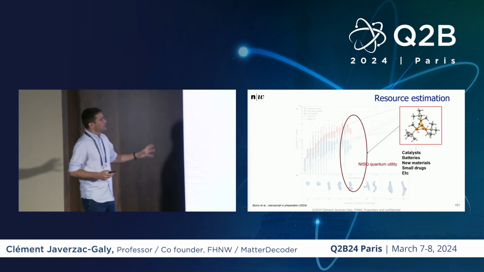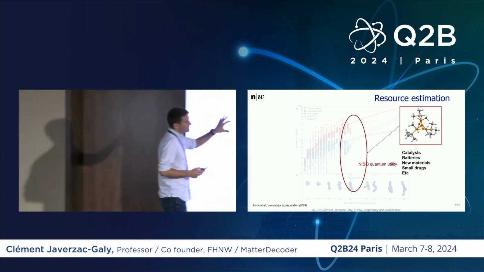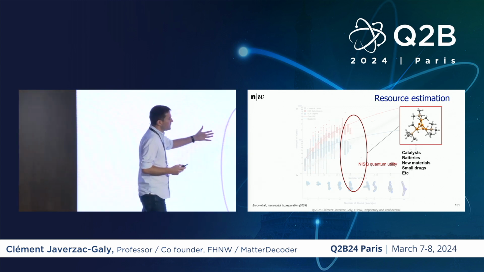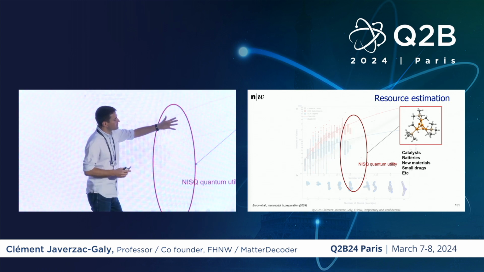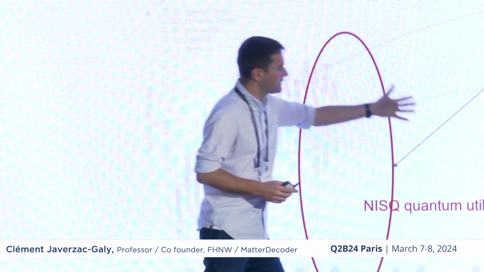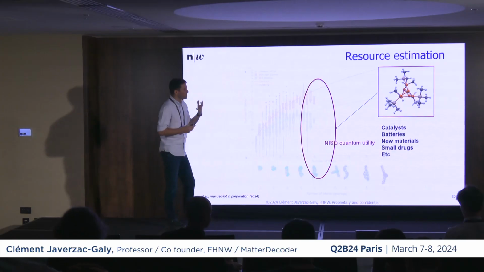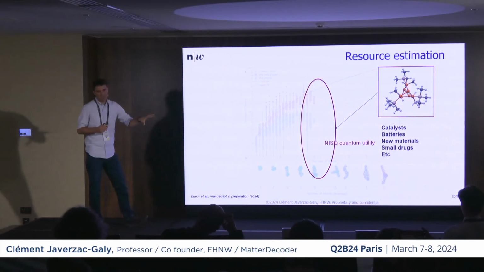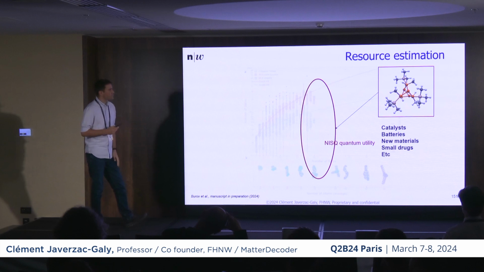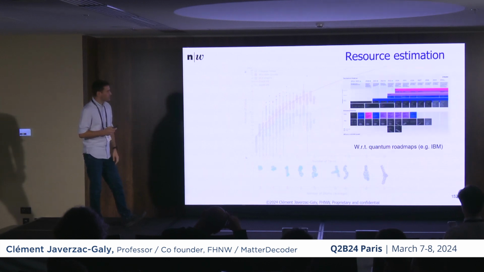And in terms of applicability, in this range, we already fall into categories of relevant molecules for industry, like catalysts, batteries, new materials, small drugs. And so this is for us a way to NISQ quantum utility through this NMR analysis.